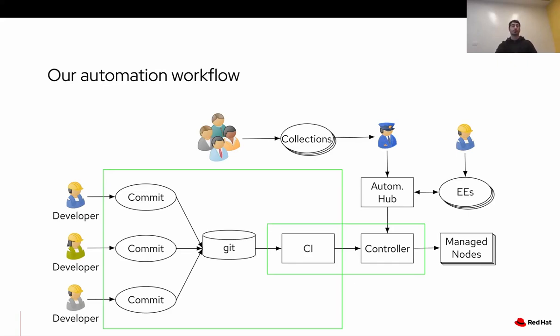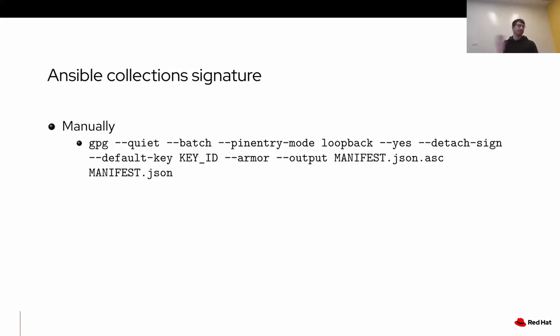We then have a point about the collections. Obviously, we have those collections coming in, but how can we be sure that they do not get tampered with? The way to do it is with Ansible collection signatures. It can be done manually, which is basically GPG again.